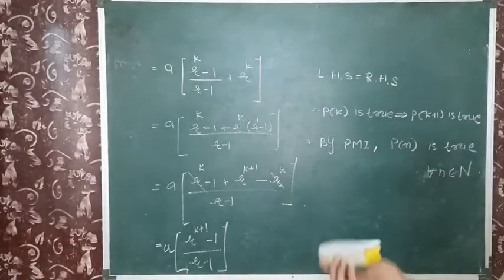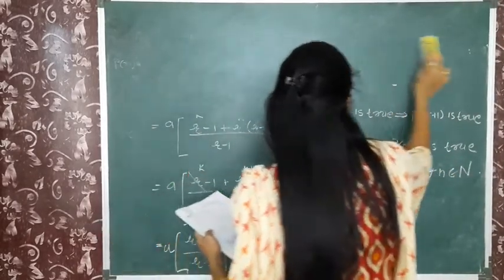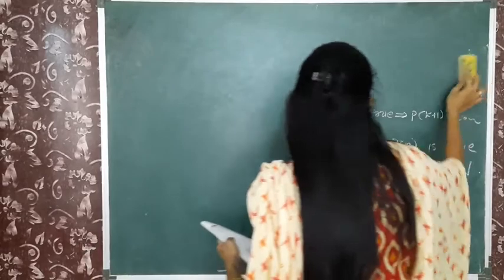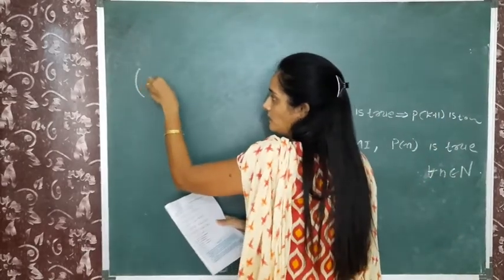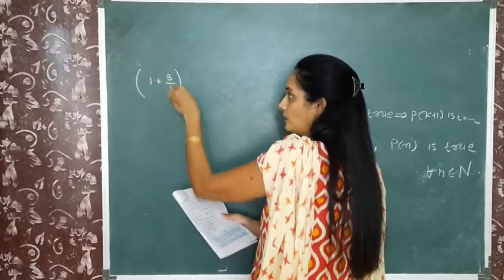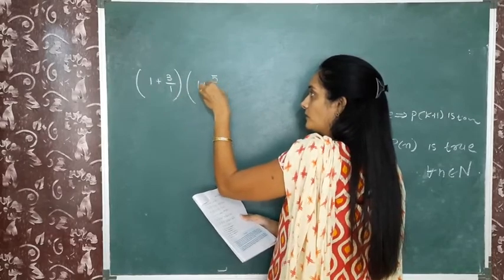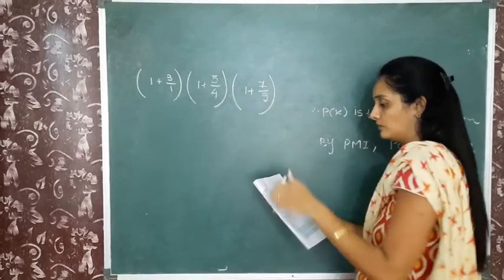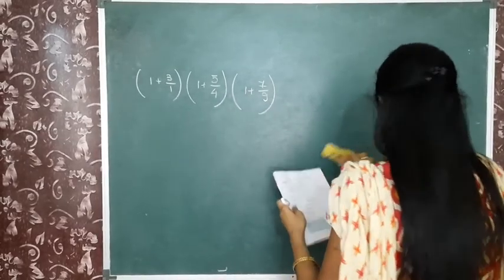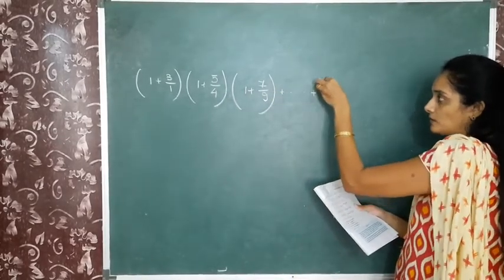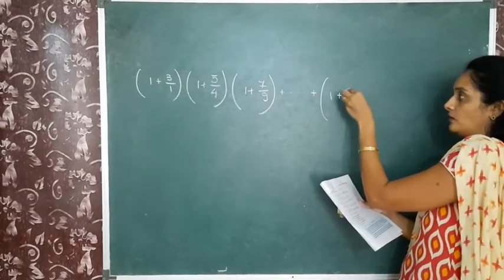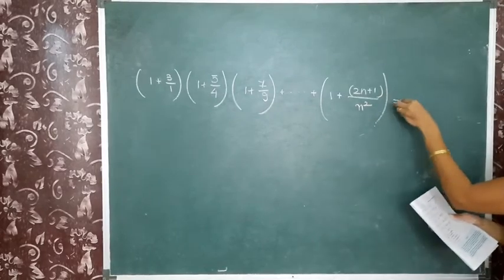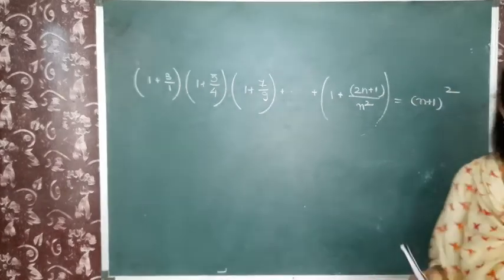Now we are going to do question number 13. The statement is (1 + 3/1)(1 + 5/4)(1 + 7/9)... up to (1 + (2n+1)/n²) is equal to (n+1)².